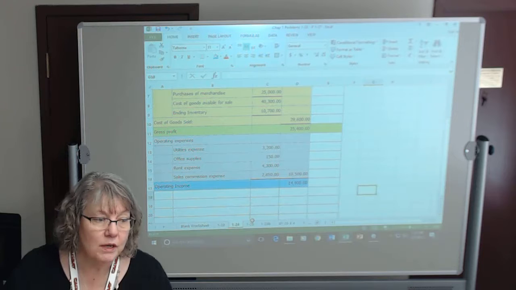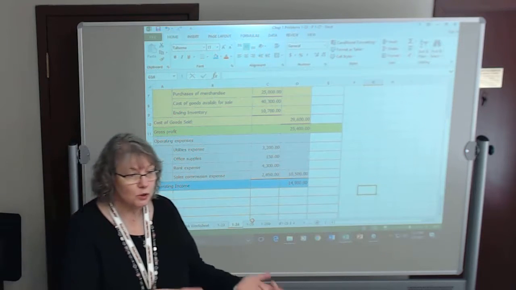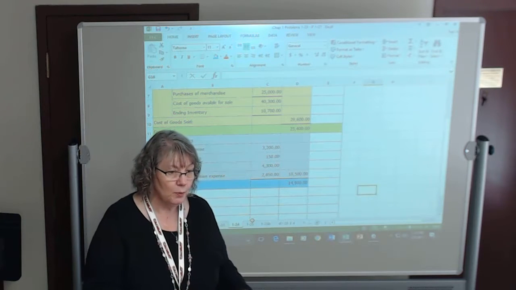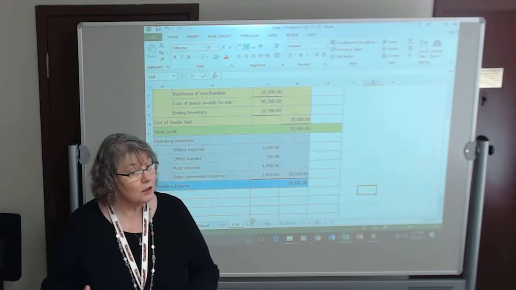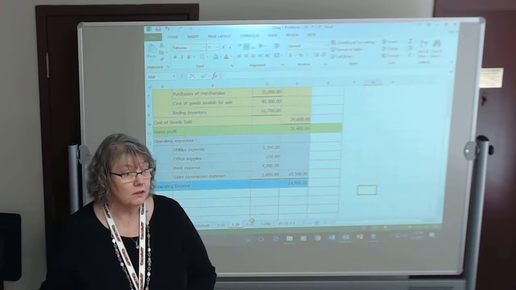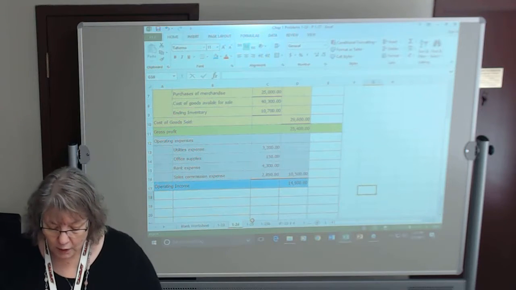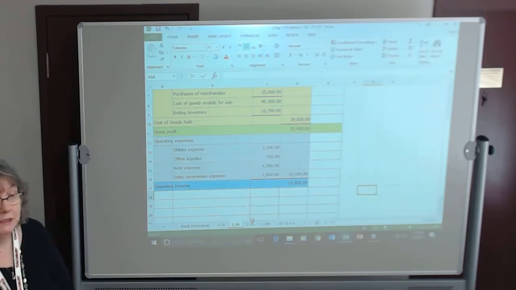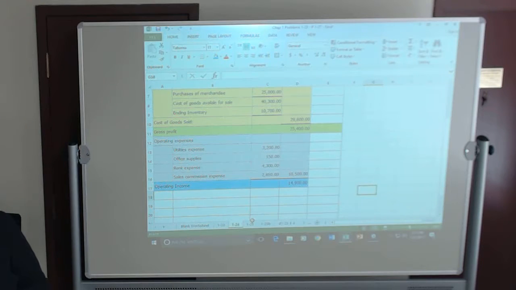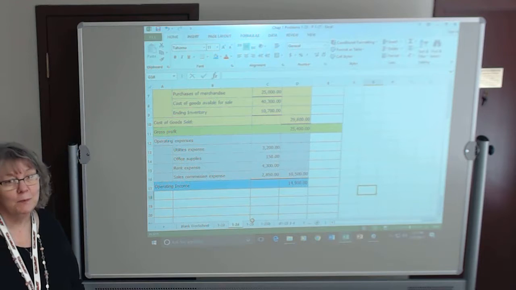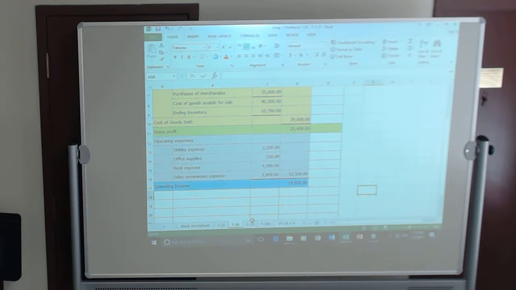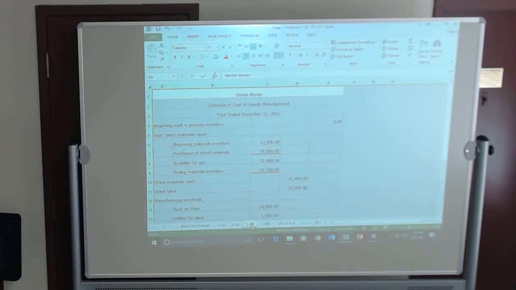A salesman does not have anything to do with manufacturing the product, but it's not going to sell if the salesman doesn't go out and sell it. So he's an other expense. Delivery expense: would that be in other too? I would like to say yes, but delivery expense would be actually direct with the product, so it would be overhead.